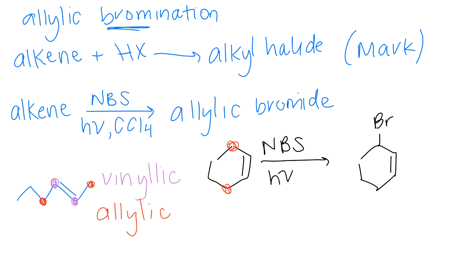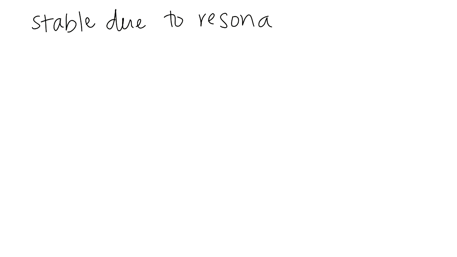Now this does happen through a radical chain reaction, and we looked at radical reactions earlier. I believe it was in chapter 6. So let's talk a little bit about this allylic radical. Our allylic radical is very stable, and the reason that it's so stable is due to resonance. Let's say, for instance, we have this.